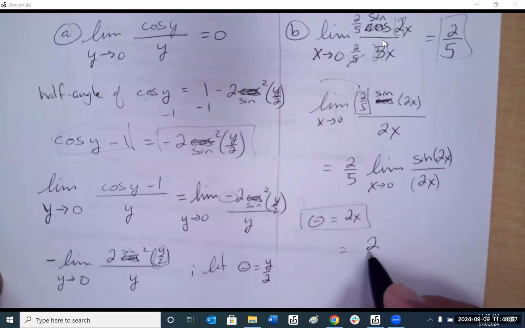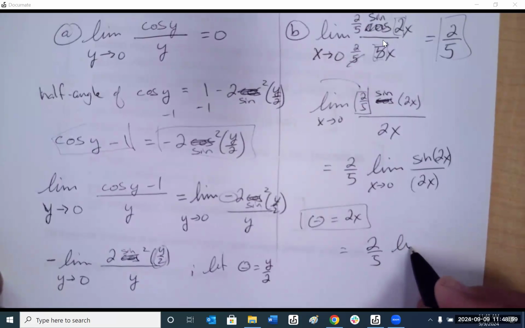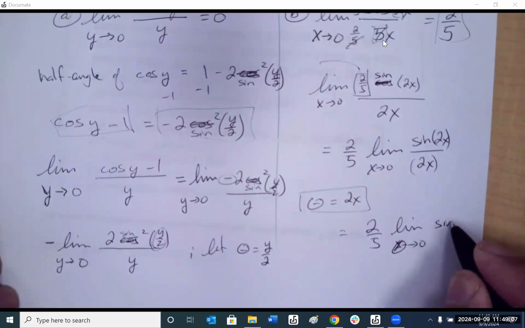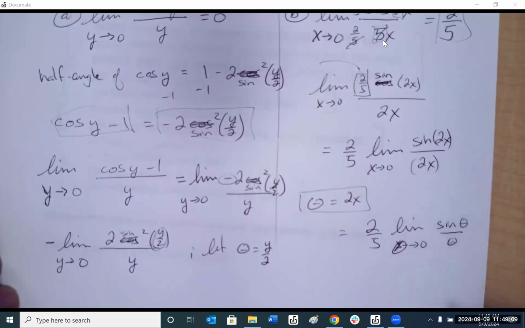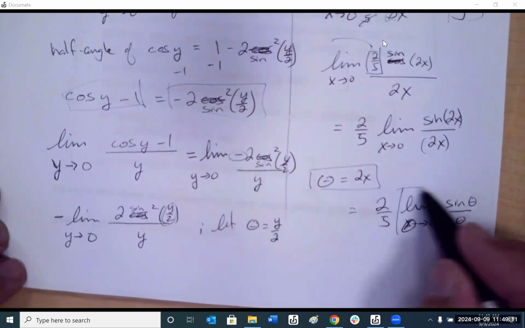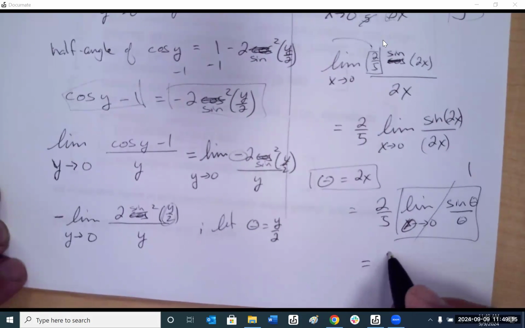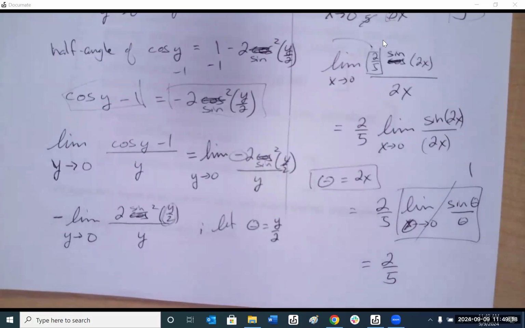Then we get 2/5 times the limit as theta approaches 0 of sine theta over theta. That equals 1, so the answer is 2/5.